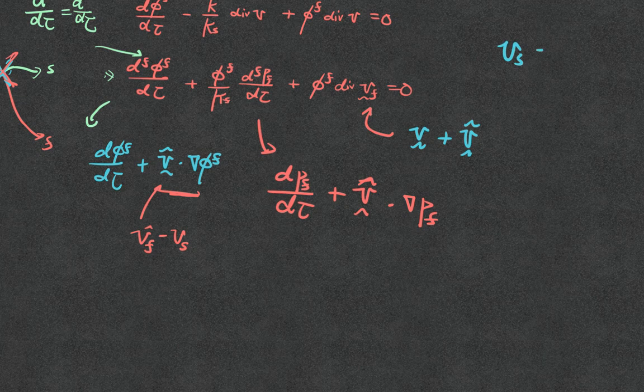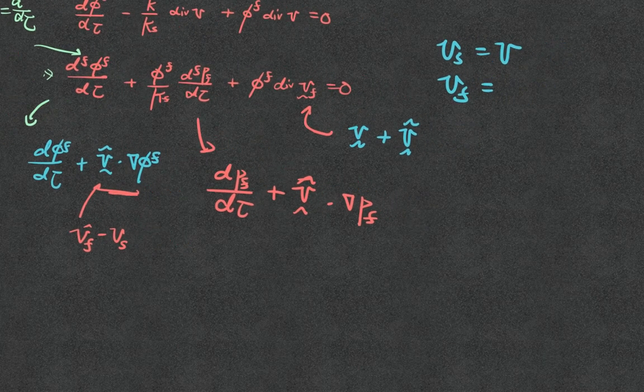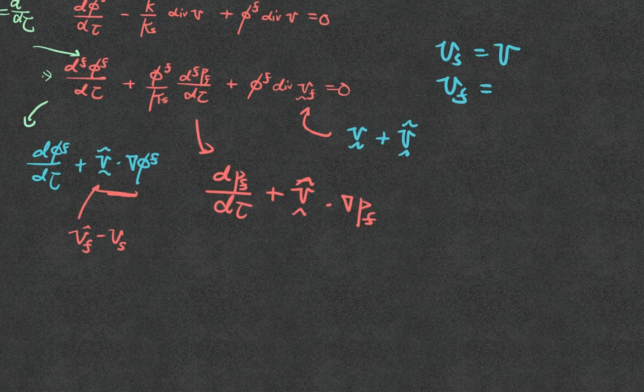So Vs equals V, and Vf, of course, the relative velocity is the difference Vf minus Vs. So Vf equals the relative velocity plus Vs. Do you get this?